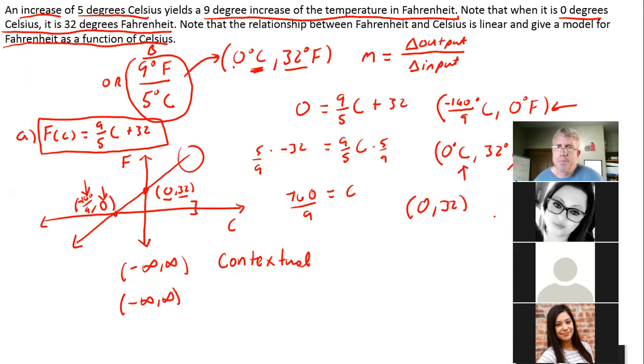So for this problem, this is one where the science students should shine like bright stars. For the lowest temperature that you can get, what is it? What's the lowest possible temperature?